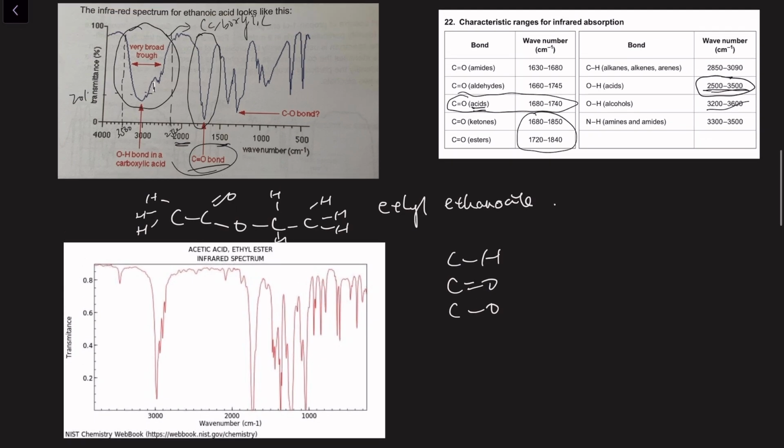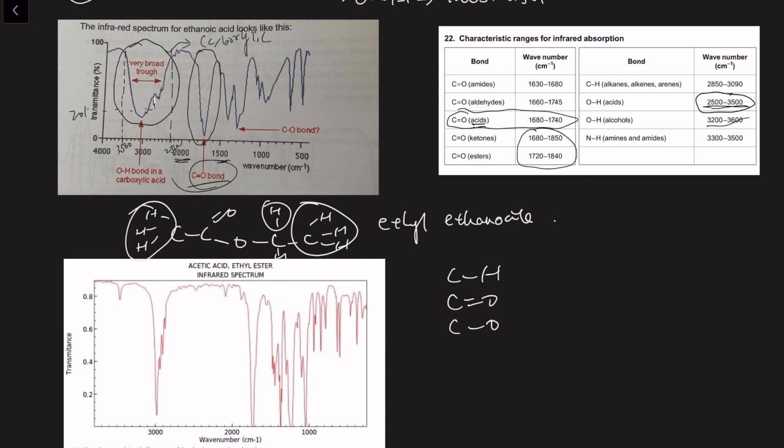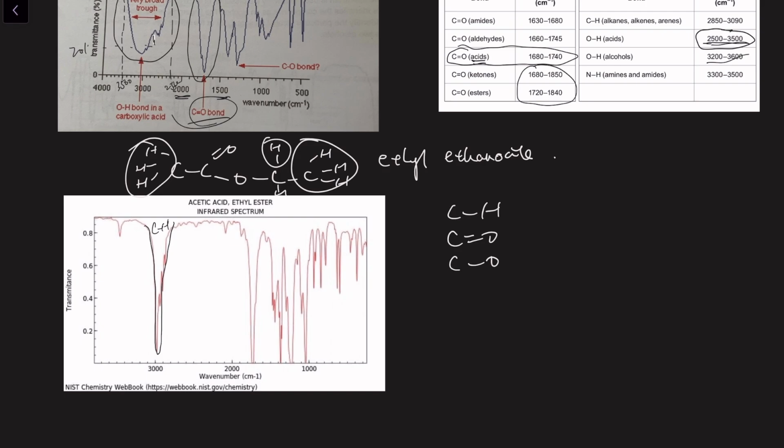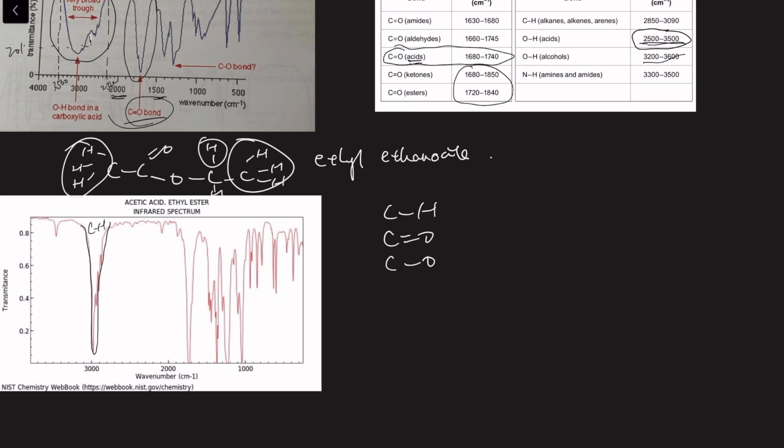And what you can see is that because we have a lot of C-H bonds in this molecule, the absorption for the C-H bond is very steep compared to what we have for ethanoic acid. So the C-H bond, although not particularly useful, tells you that you have a lot of C-H bonds present in this molecule. So really the only useful one is the C=O double bond, because we don't have any information about the C-O single bond.